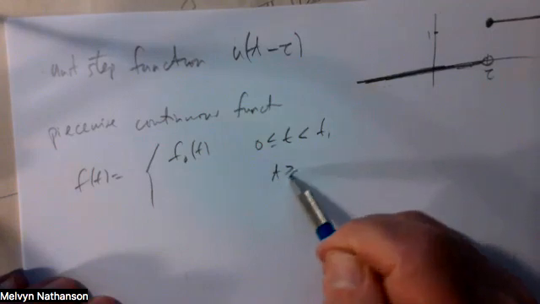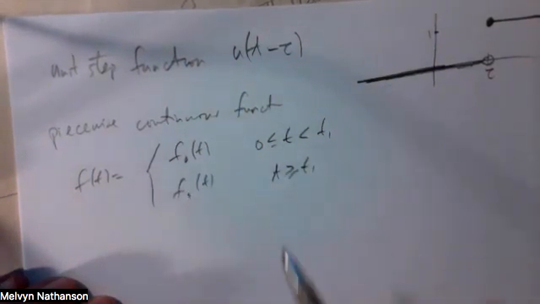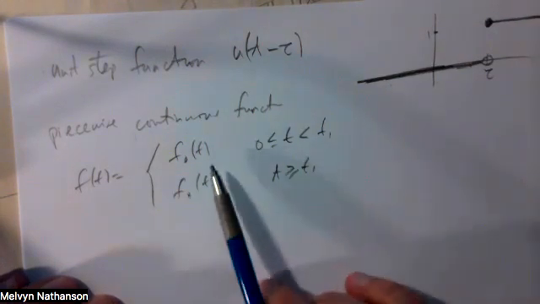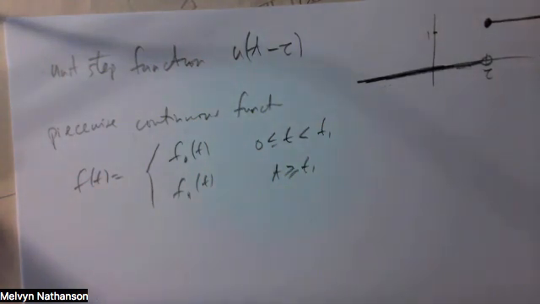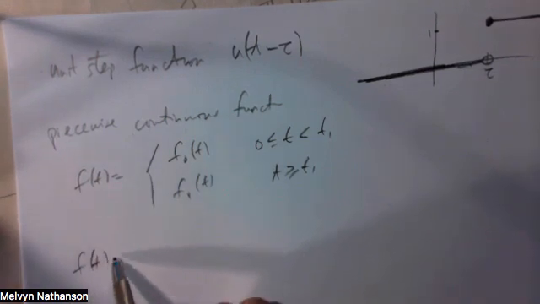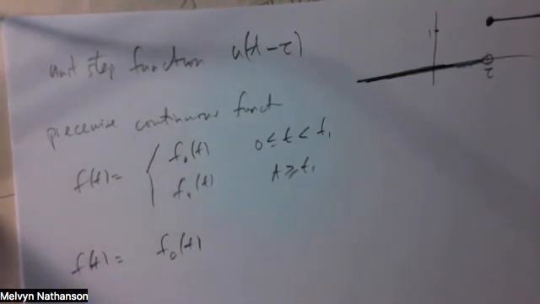And for t greater than or equal to t1, it's a different function, f1 of t. And I want to write this without breaking it up into two separate pieces like this, in sort of one line. So you have to be a little bit clever, or someone at one point was a little bit clever and made the following observation. f of t can be equal to f naught of t.